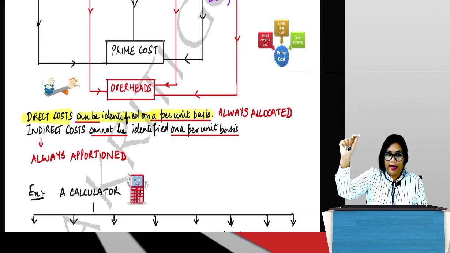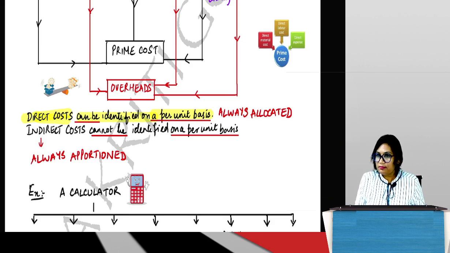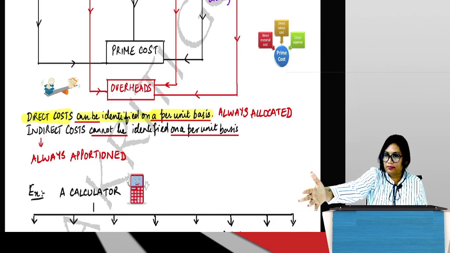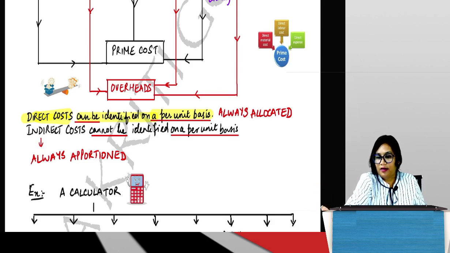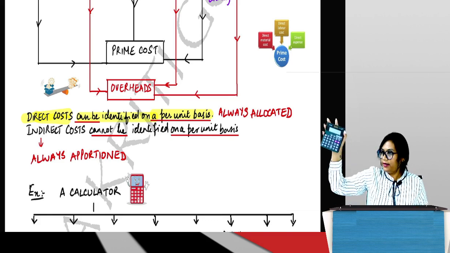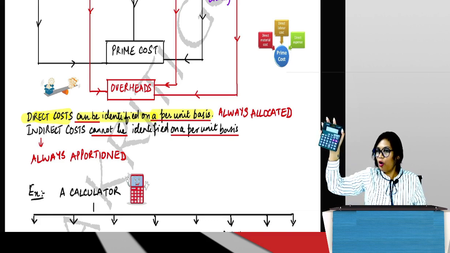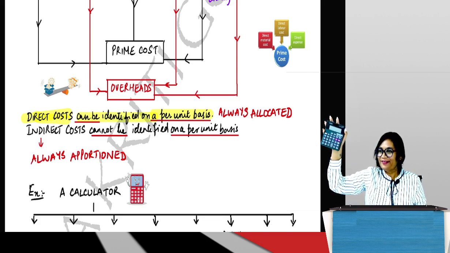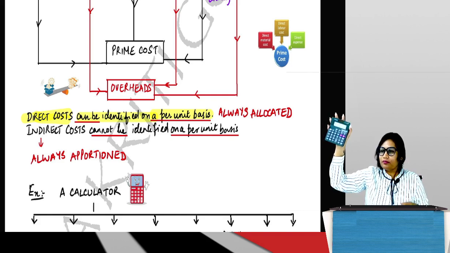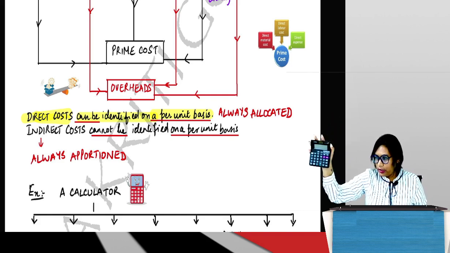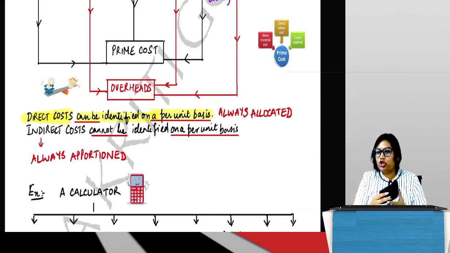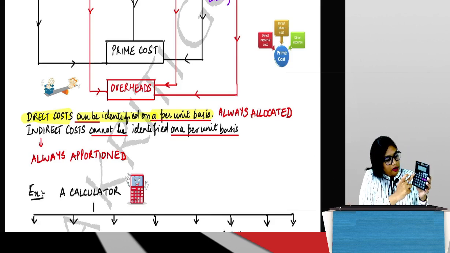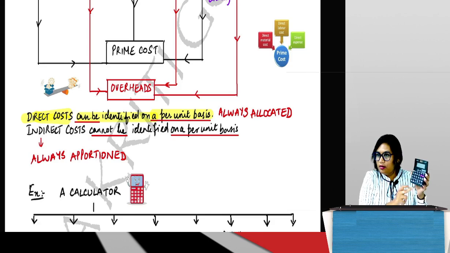Can I have a calculator please? So guys, thank you. This is a calculator, right? You've seen one before? Hopefully. Now, this calculator is made of these buttons that you see.